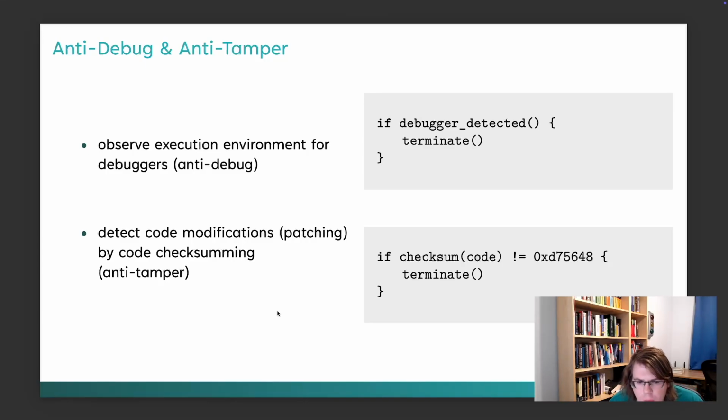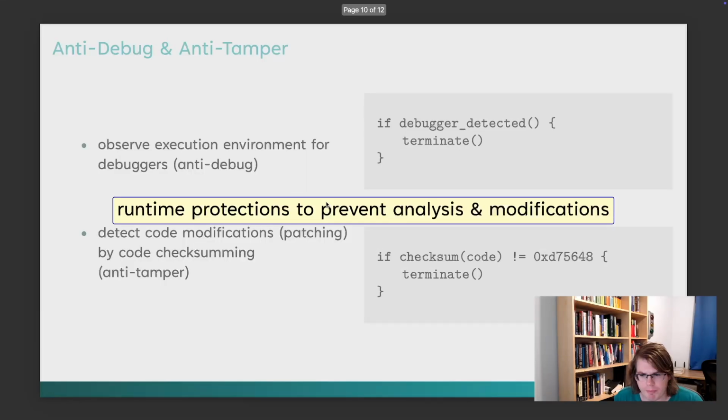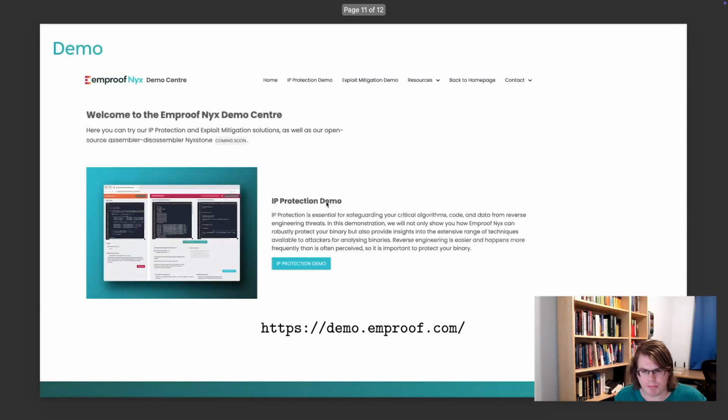Next time we will do a more dedicated webinar on these things. For now it's just important that there is something like IP protection, like anti-reverse engineering techniques, that allow you to prevent doing something like that.